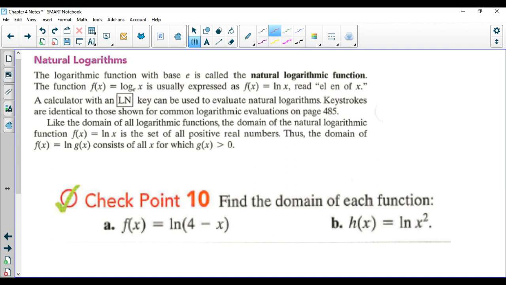You say ln of x for natural log. If you look on your calculator, there is a natural log button, right below the log, there's an ln, which is natural log. So I'd probably write log base e of x is the same as ln of x. You'll see that.